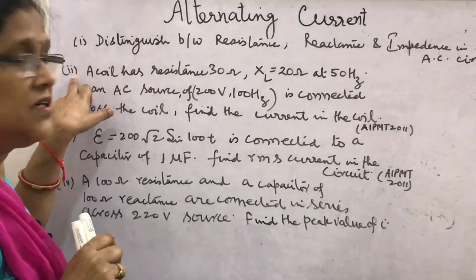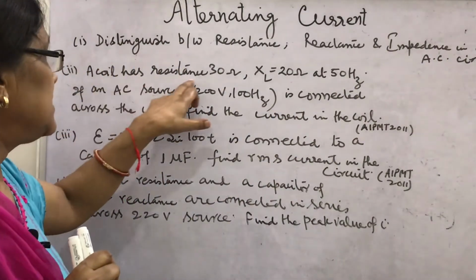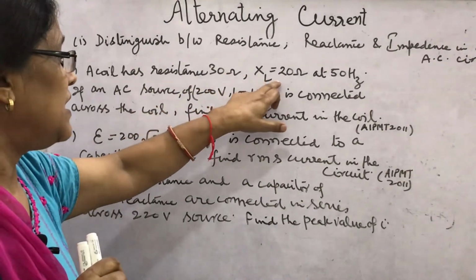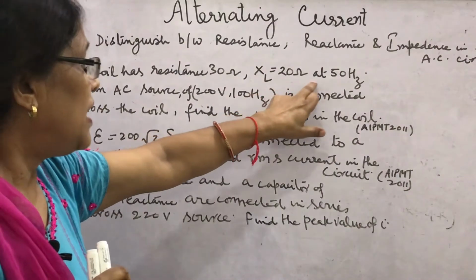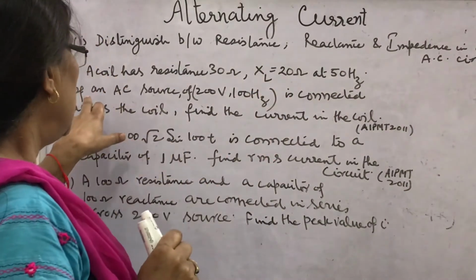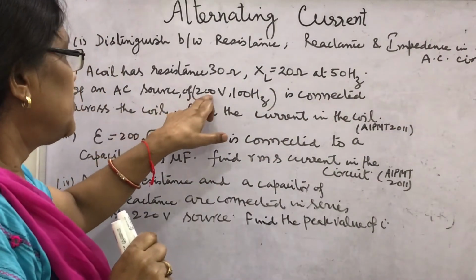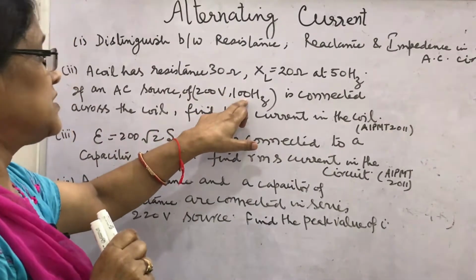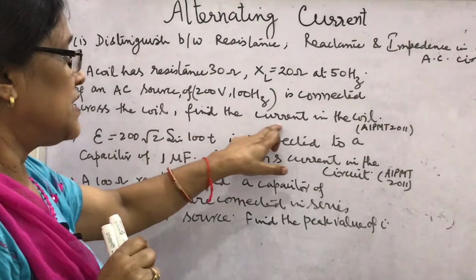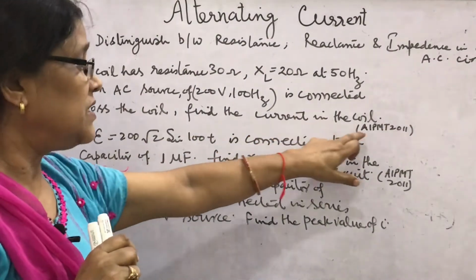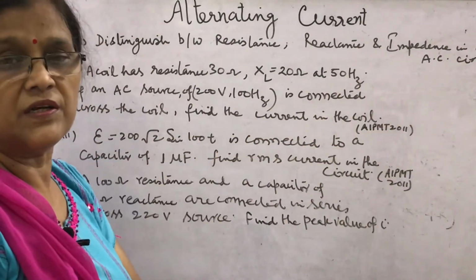Next question. A coil has resistance 30 ohm and inductive reactance 20 ohm at 50 Hertz. If an AC source of 200 volt, 100 Hertz frequency is connected across the coil, find the current in the coil. This was asked in AIPMT 2011.